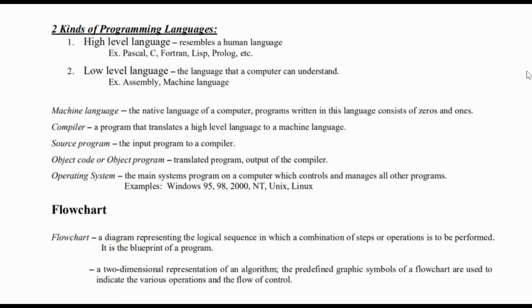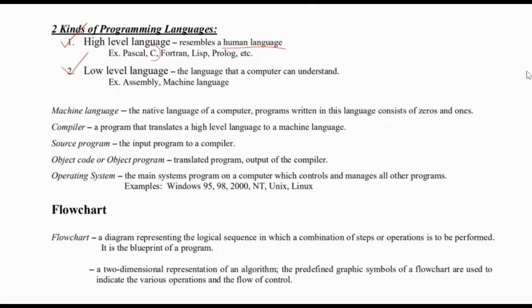There are two kinds of programming languages. The first one is high-level programming language, and the second is low-level programming language. The high-level language resembles the human language, or it is closer to the human language. Okay, these are examples.